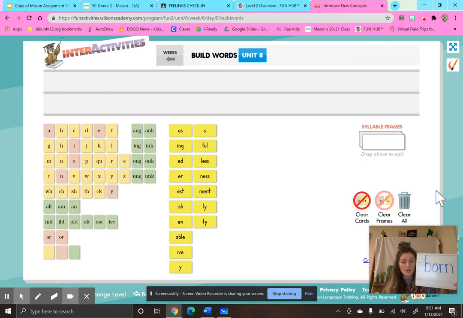So born, B or N. The OR is in the middle, and it is what kind of syllable? It's an R controlled vowel syllable. So B, or, N, born. Born. OR says or. Good job, Smarties.